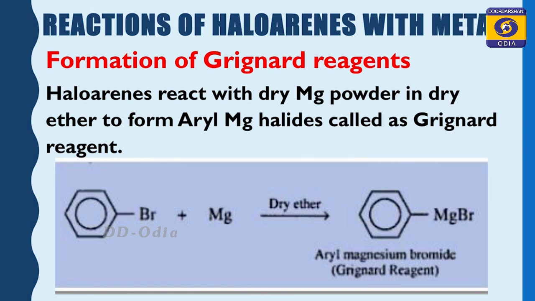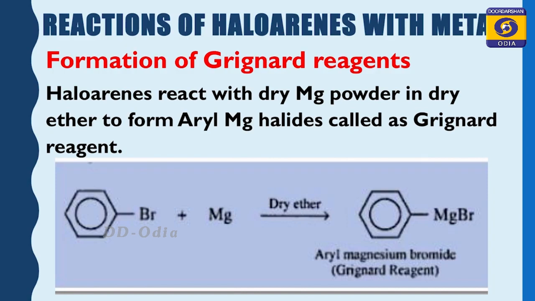Actually, in organic chemistry, without Grignard reagent, there is no chemical reaction. I want to tell you that whenever we are going through the chemical reactions of organic compounds, somewhere we will meet this famous, this good reagent, the Grignard reagent.